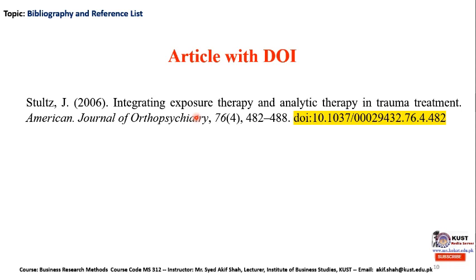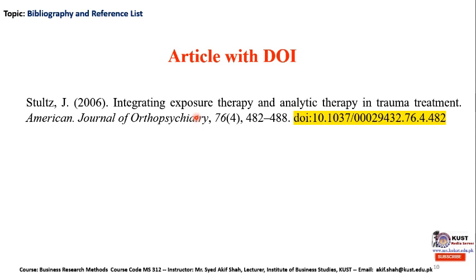So what researchers normally do, in order to make their resources, that is their books or research papers, easily searchable, is register their research article or books with the International Foundation of Digital Object Identifiers.